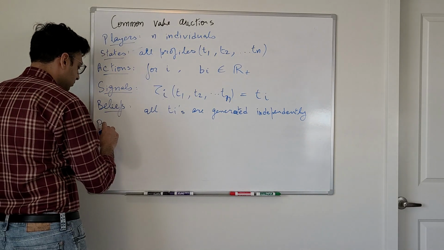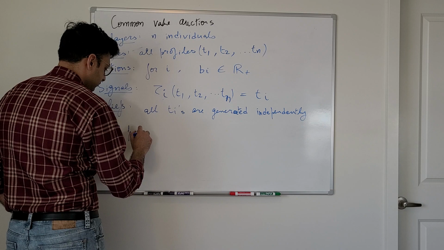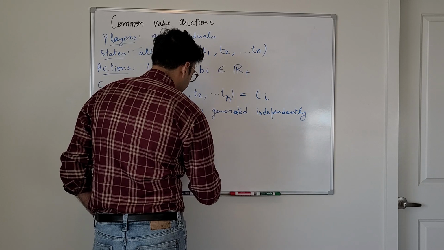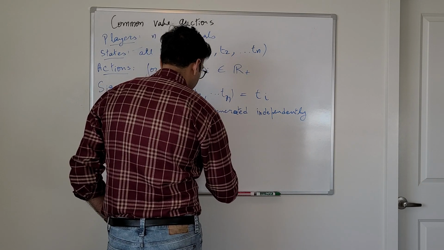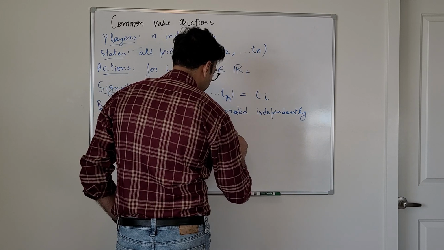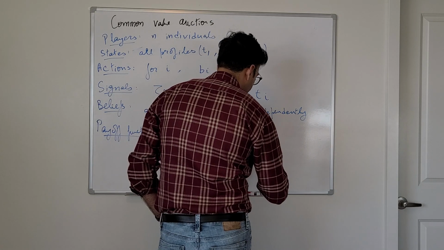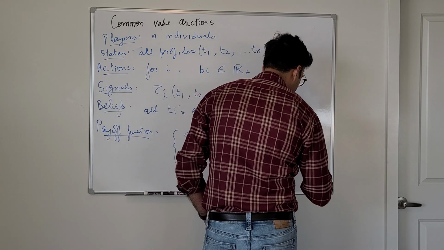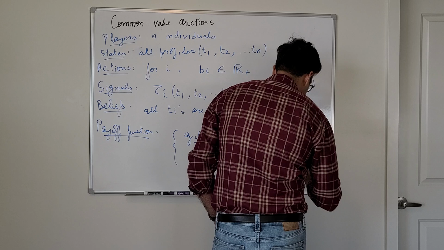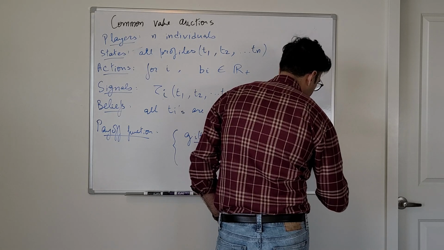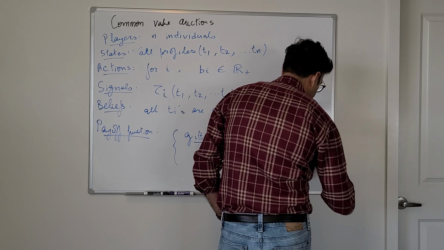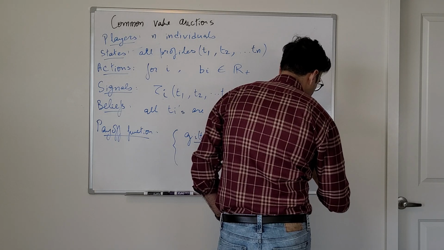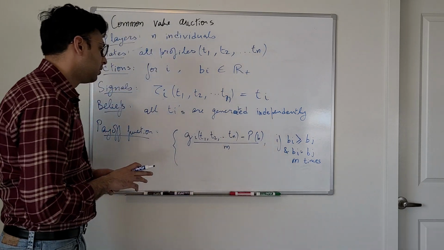Then there's the payoff function. As player i, my payoff can either be this valuation g_i of the state of the world, which depends on the state of the world, minus the price that I have paid, divided by m, if b_i is at least as large as all b_j, and b_i equals b_j for m players.